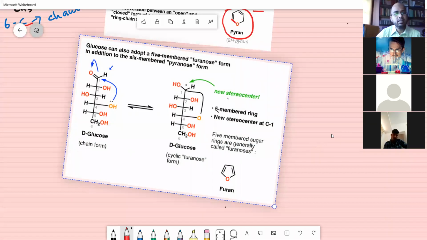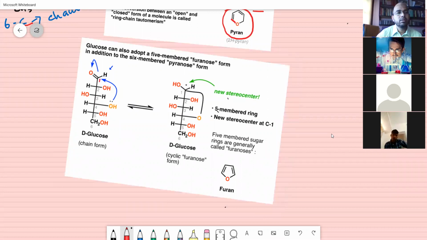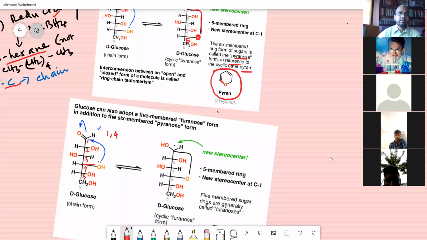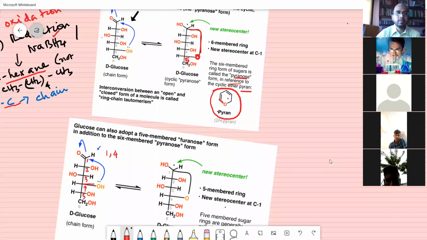Here you can see again, I am just going to point out the number of groups: 1, 2, 3, 4, 5. In this, you see that the 4th carbon atom OH is linking to the first carbon atom. Now you can compare it here. This is 1,5. This is 1,4.